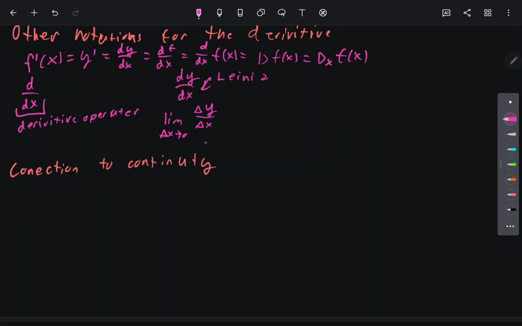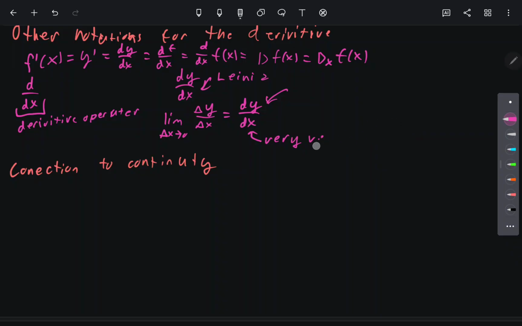Well, we don't want these to be equal to 0, so what he really defined for us was a new notation, dy dx, which supposes that dx is a very, very small number, infinitesimally close to 0, and dy is the change in y that corresponds to that change in x.